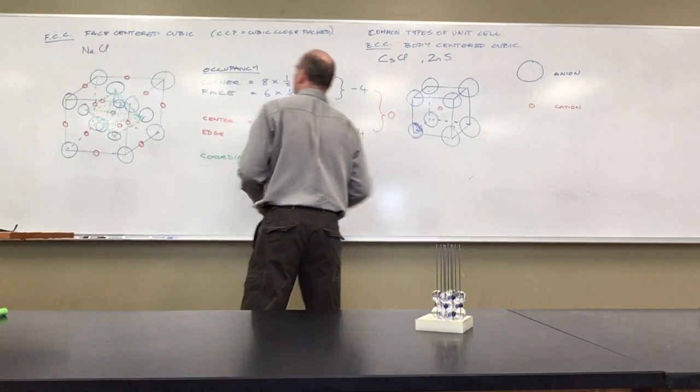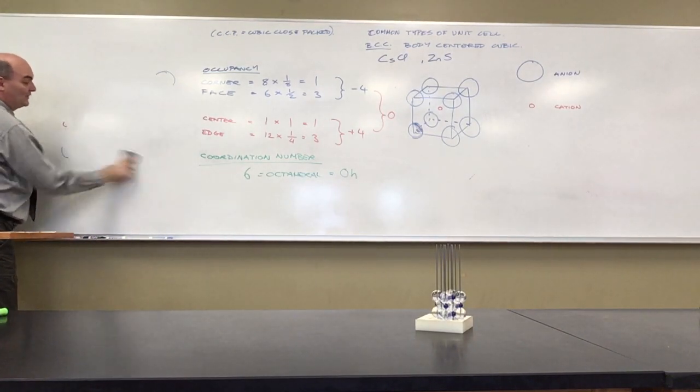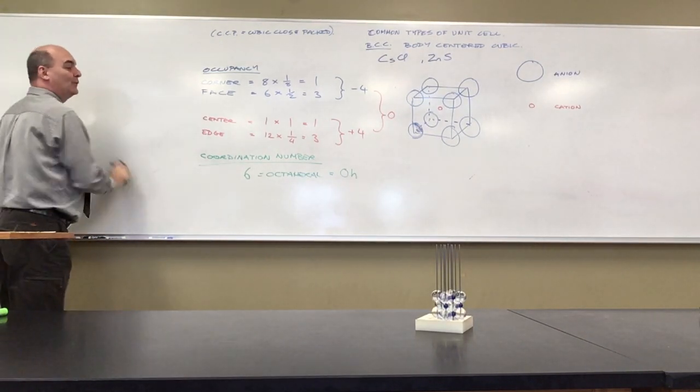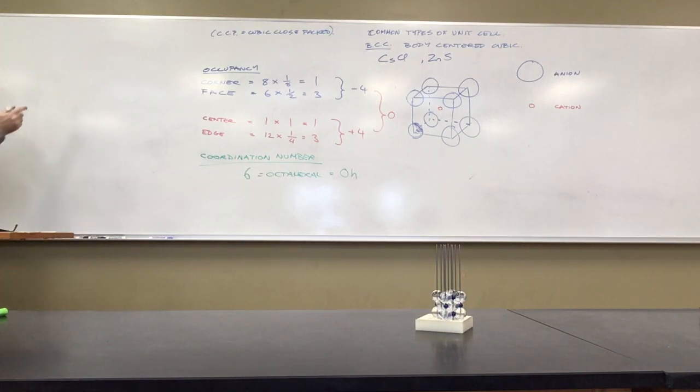Okay. So now that we know a little bit about what's going on, we have to go hunting for the other one. And the other one is tetrahedral.